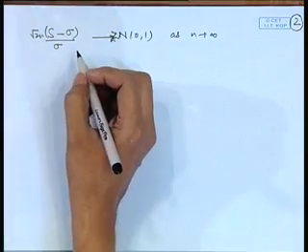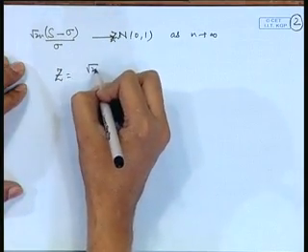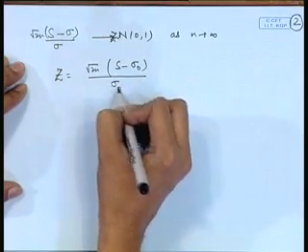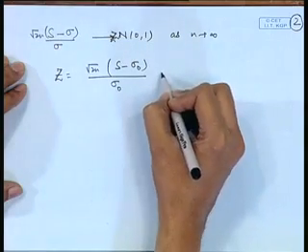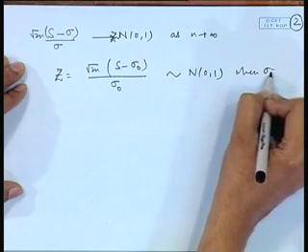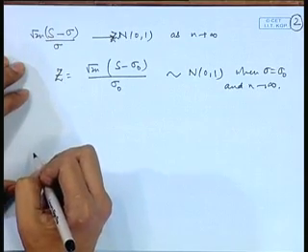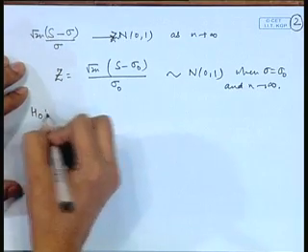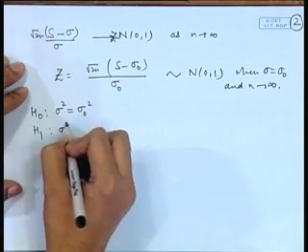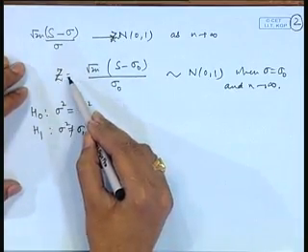So, if we define our random variable z is equal to root 2n S minus sigma naught divided by sigma naught, then this follows normal 0 1 when sigma is equal to sigma naught and n tends to infinity. So, if we want to test about say sigma square is equal to sigma naught square against say sigma square is not equal to sigma naught square, we can make a test based on this z variable.